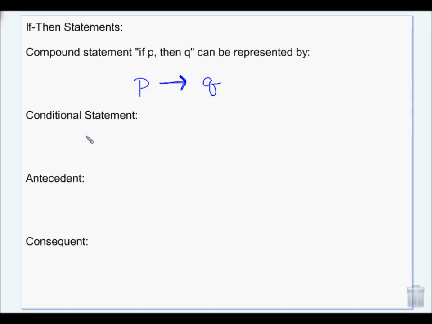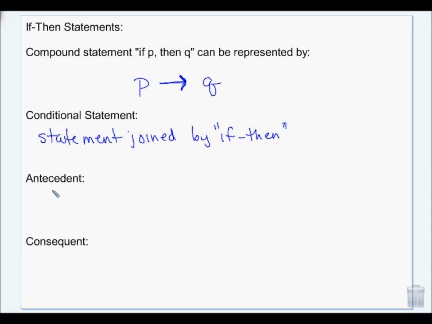A conditional statement is a statement joined by if-then. And the reason it's conditional is because there is a condition on it. If you go to work, then you receive a paycheck. Right? Getting the paycheck depends on the fact that you went to work. If you don't go to work, they're not going to give you the paycheck. So there's a condition to getting that paycheck.